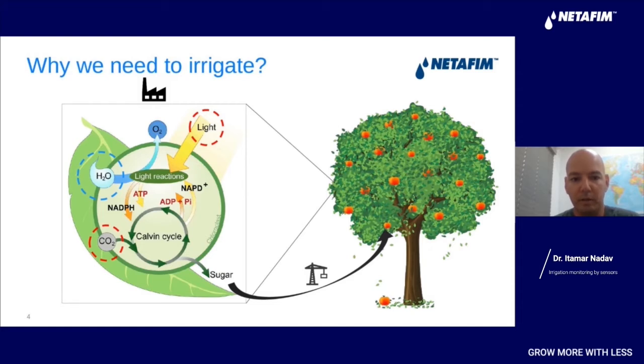We need light, we need CO2, and of course we need water. The water is something that we can adjust and control. The light and the CO2, we cannot control. So we can control the amount of water that we apply in order for those tiny factories to keep on running and producing yield.